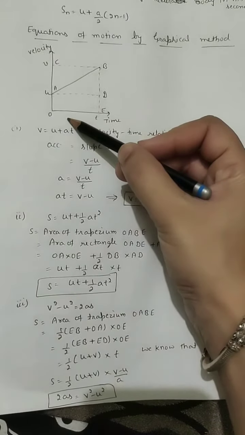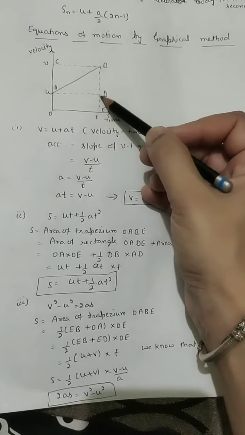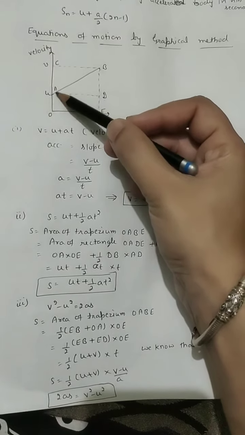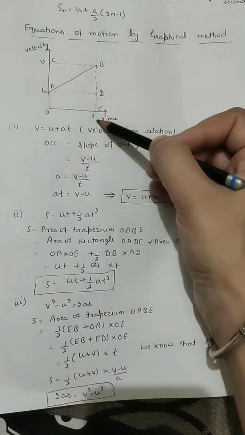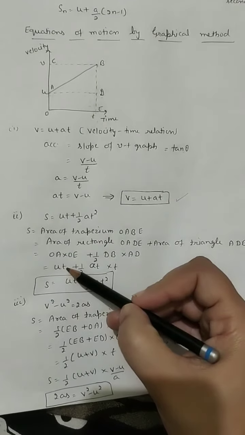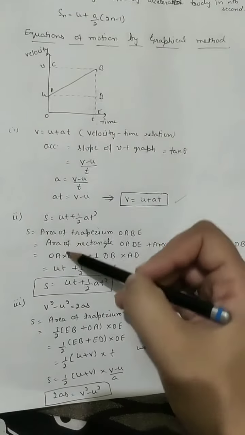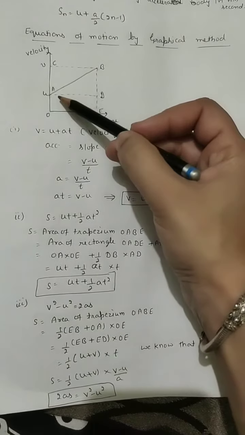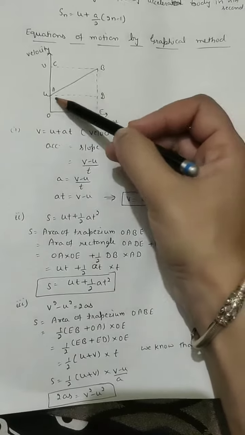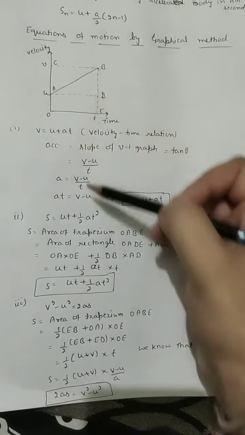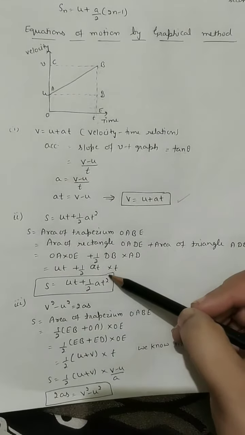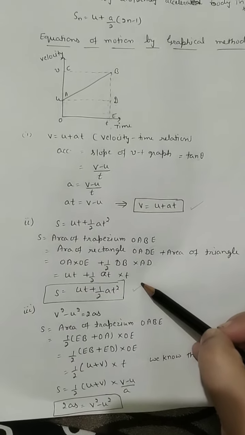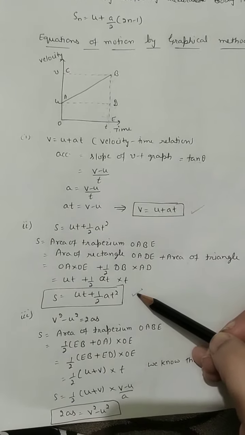Area of rectangle is base into height, that is OA into OE, which is u into t. Plus area of triangle, 1 by 2 into perpendicular into base, BD into AD, that is at into t. So s is equal to ut plus half at square. That is our second relation, also called the position-time relation.